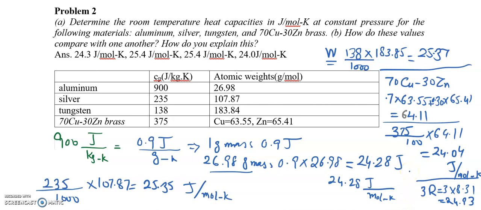This is because all these four metals are at room temperature, and there is a temperature called the Debye temperature. Their Debye temperature is much lower than the room temperature.